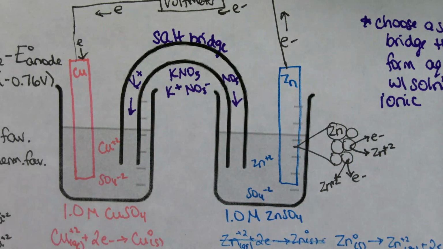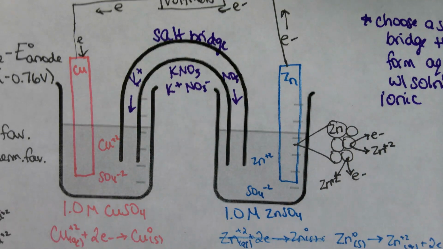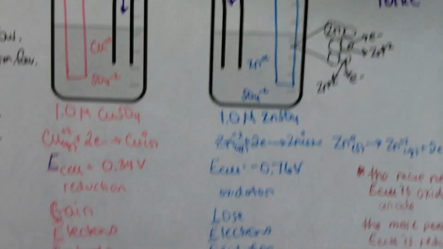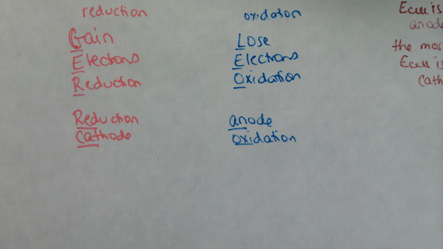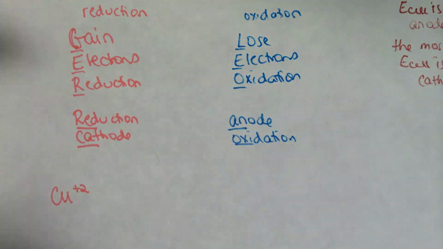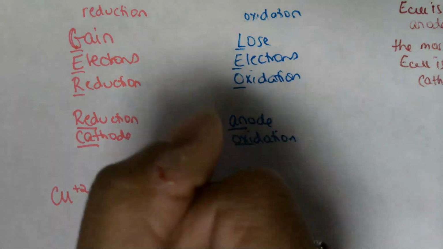All right, so we want to put these two mini subcells together into one larger equation. So I know that I have Cu plus 2, plus Zn solid.